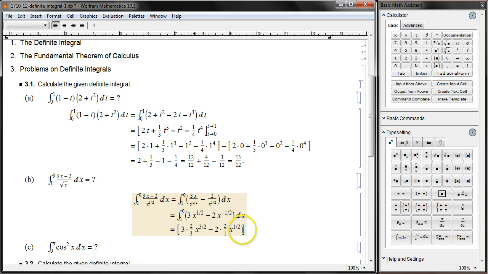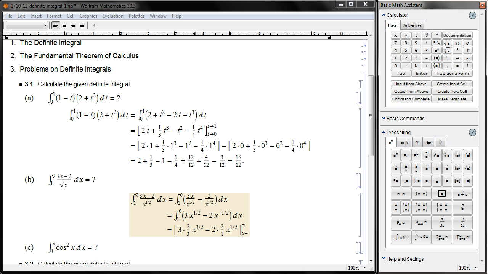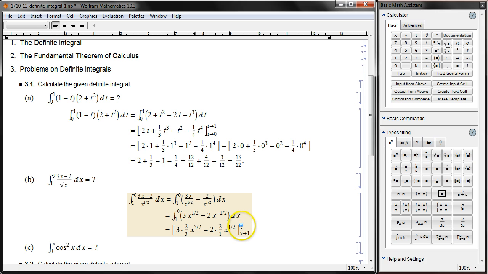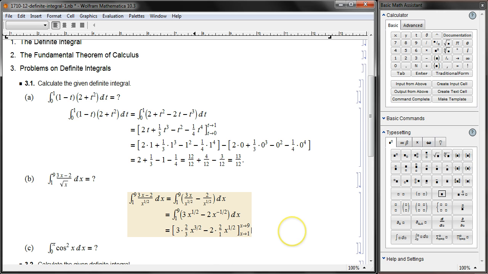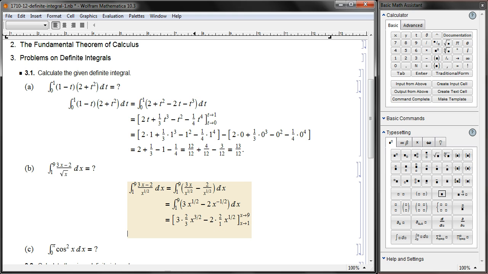And then x is going from 1 to 9. x is moving from 1 to 9. Let's plug in 9 and plug in 1 and subtract one from the other.